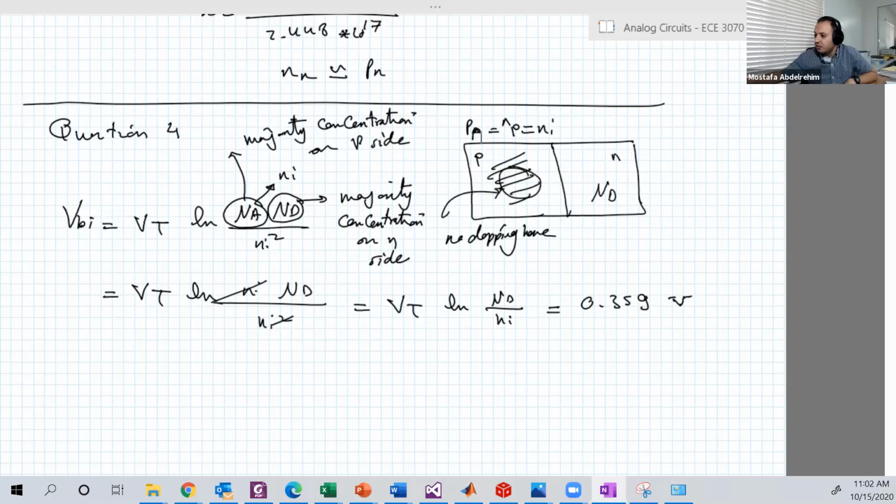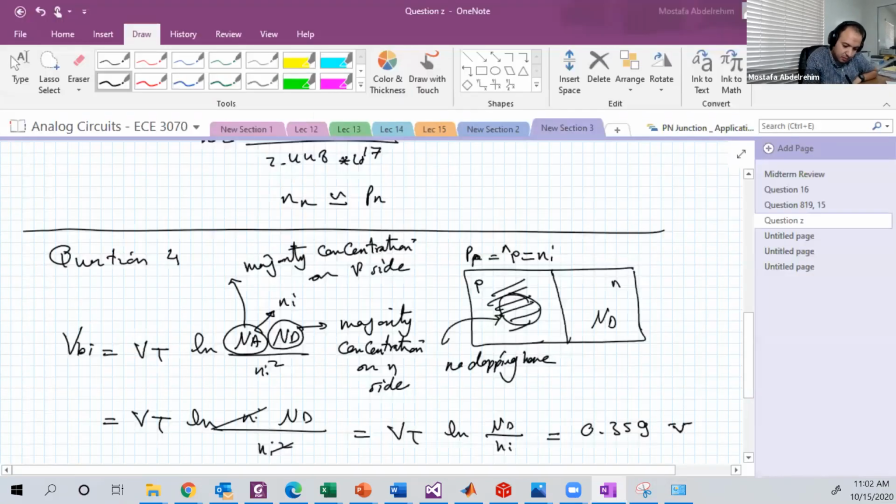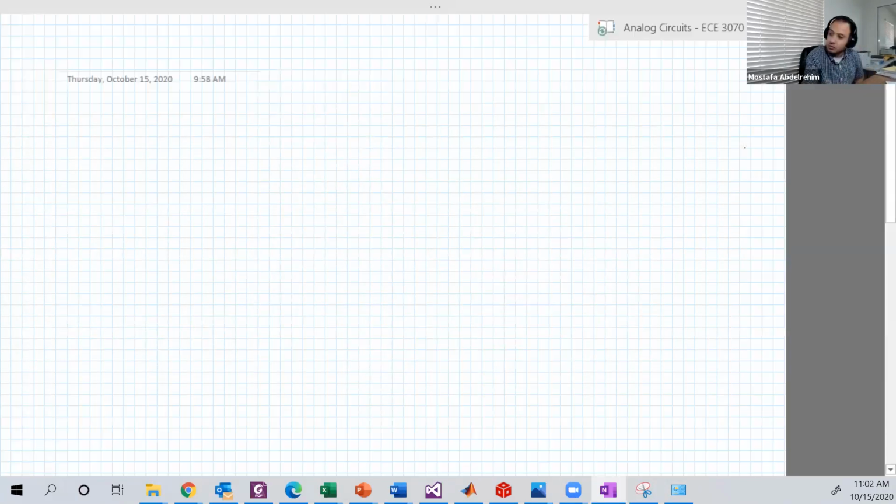What else do we have? Yeah, there is also a very good question. So let's do that, which is question 7. In question 7, we have a circuit like this.